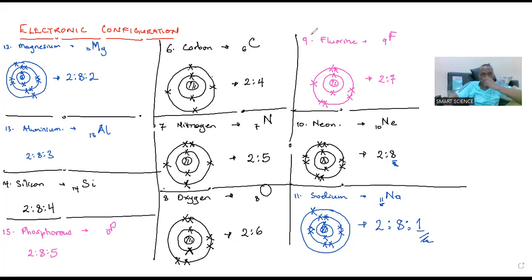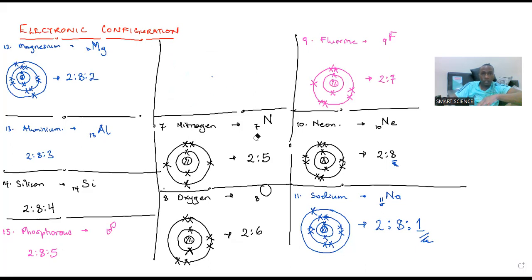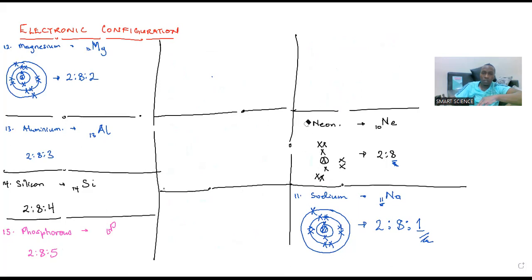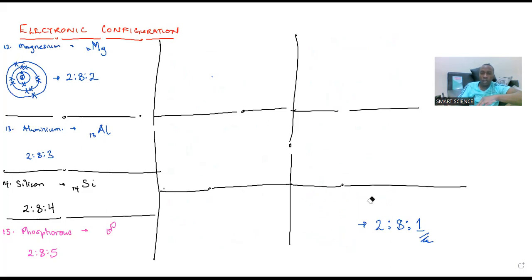We move on to element number 16, which we agreed is called sulfur. 17 is chlorine, 18 is argon, 19 is potassium, and lastly 20 is going to be calcium. And we shall conclude the process of writing electronic configurations.